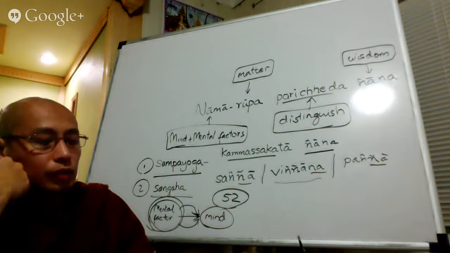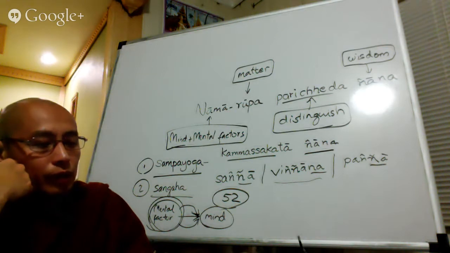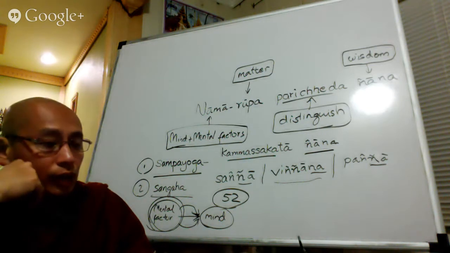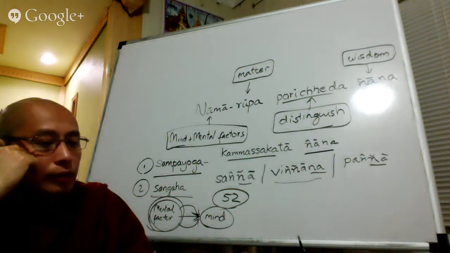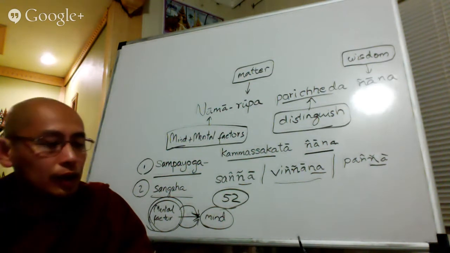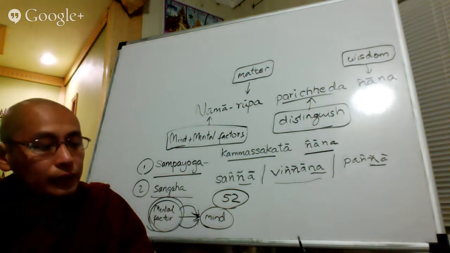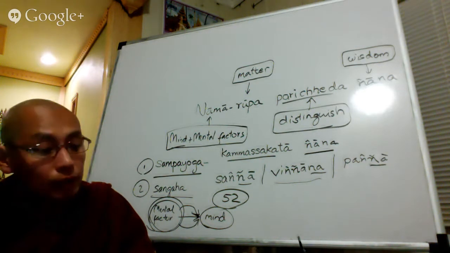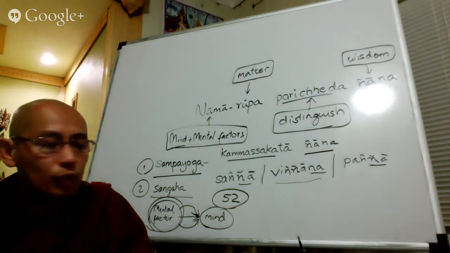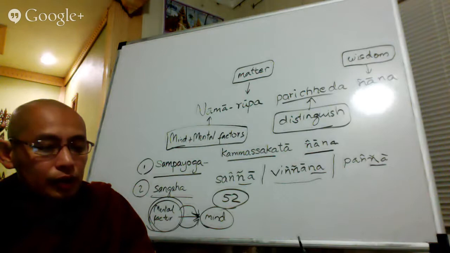Altogether 52. But we need detail. Annasamana has two subgroups: 7 Sabbacittasadharana, universal mental factors, and 6 Pakinnaka, occasional or particular mental factors. So altogether 13. We already learned about this group.